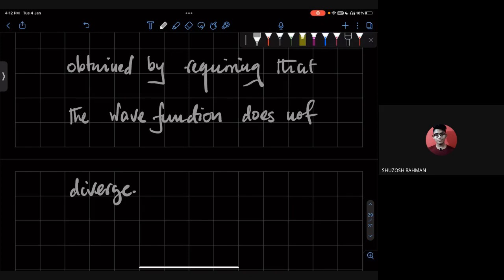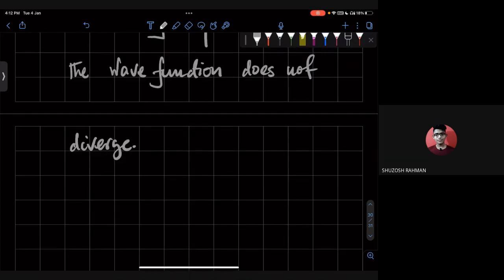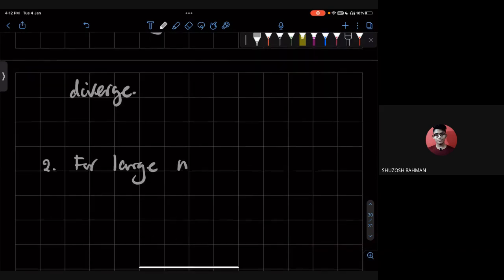And number 2 is, so for large n, this means that the energy is of the form n h bar omega. Okay. So does this formula seem familiar to you?